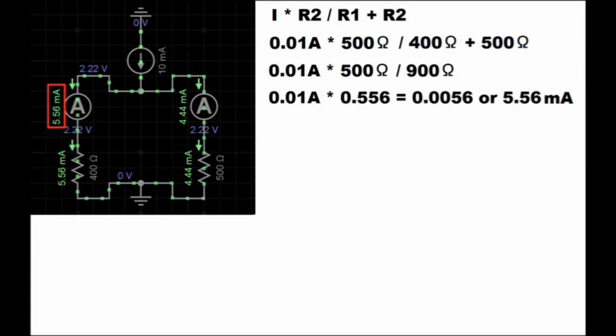Simplified again to 0.01 amps multiplied by 0.556 equals 0.0056 or 5.56 milliamps. R1 will draw 5.56 milliamps and R2 will draw the remaining 4.44 milliamps.